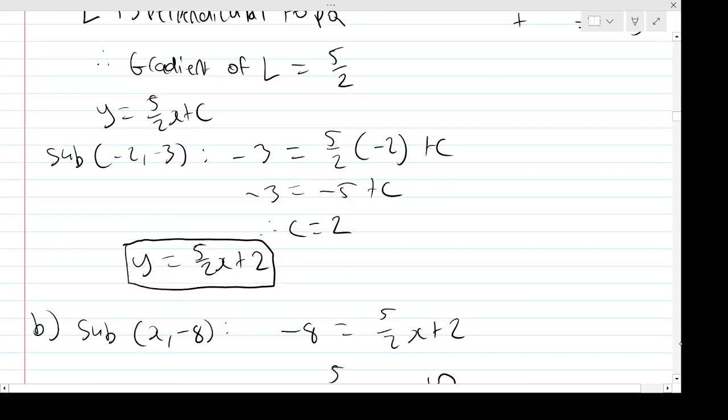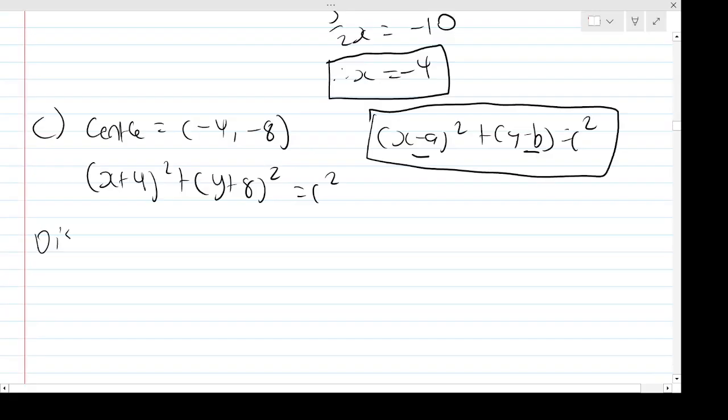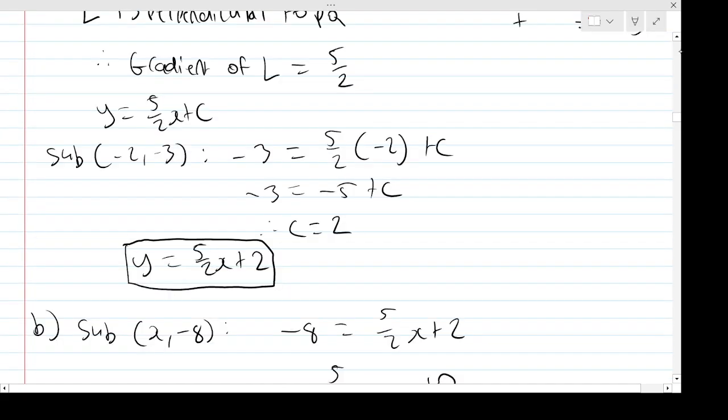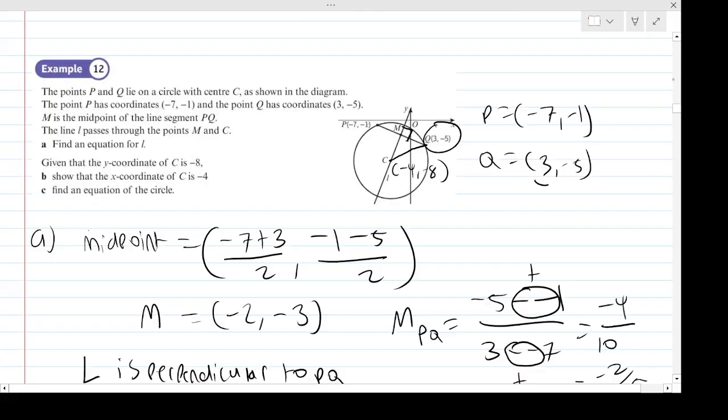So I'm going to say the distance between the centre, which is minus 4, minus 8, and a point on the outside of the circle, which I'm going to say let's use Q. That's 3, minus 5.